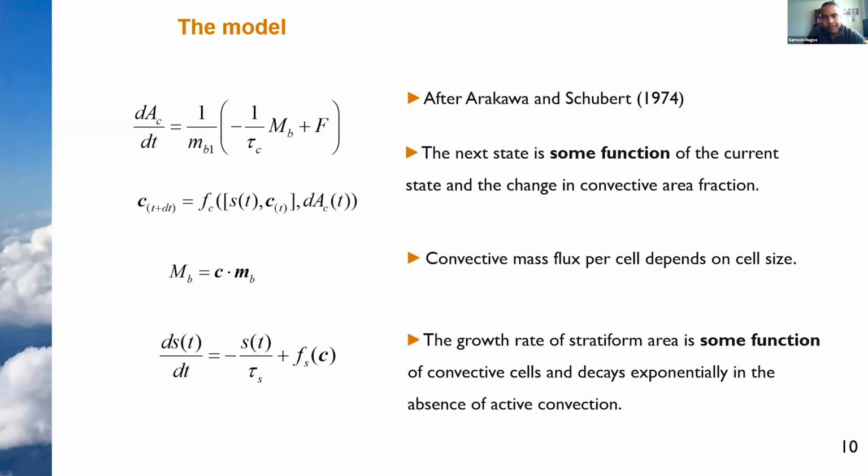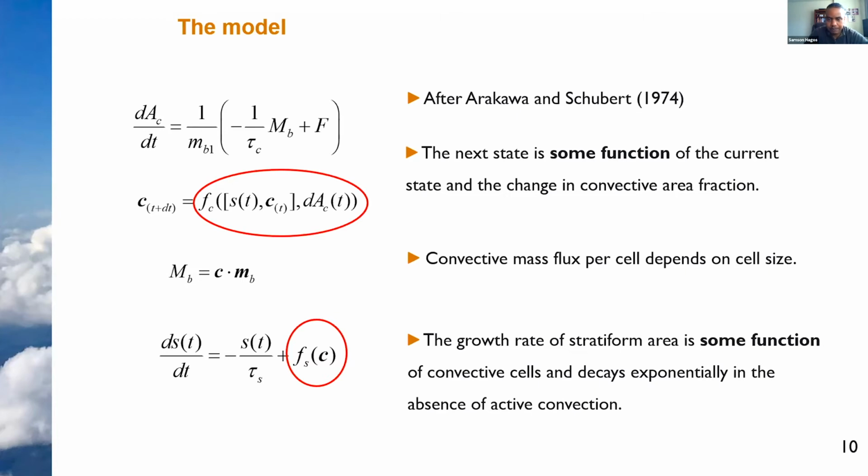It's assumed to be a function of the previous time step convective cell size distribution and the stratiform area, and the change in total convective area fraction, which comes from the closure. And the stratiform area is assumed to be a decaying function of the current stratiform area and also the production by the convection, which is represented by F_s.